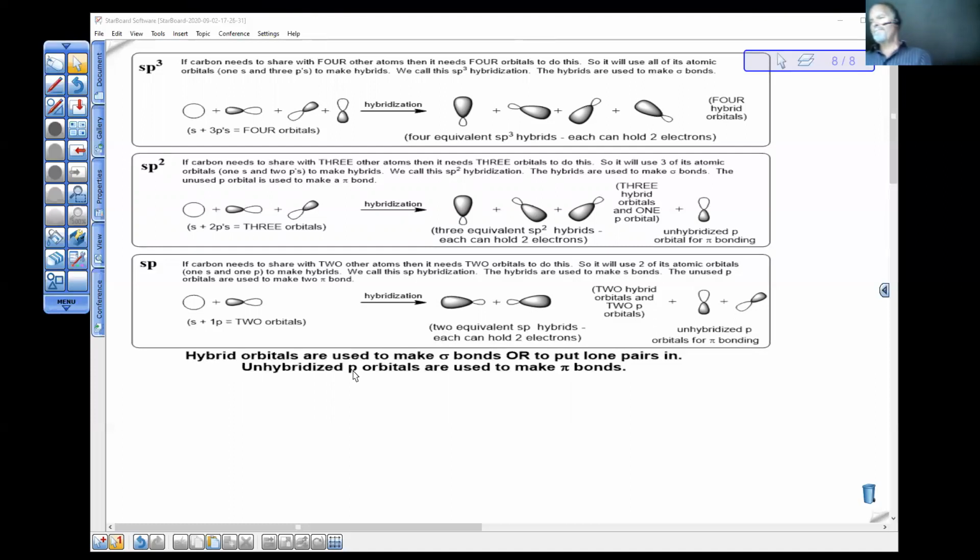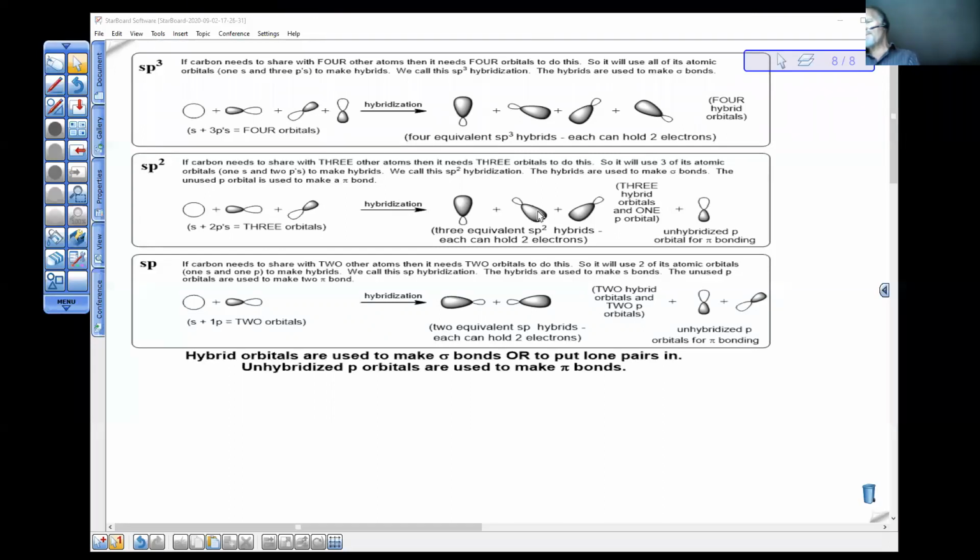Okay. So when we wanted to separate 3 sets of electrons, we're going to use the sp2 hybridization. Okay, an s with 2 of the p's, and you get 3 hybrids. The hybrids always look the same. Their angles change a little because you can separate 3 things better than 4. Better meaning bigger angles.